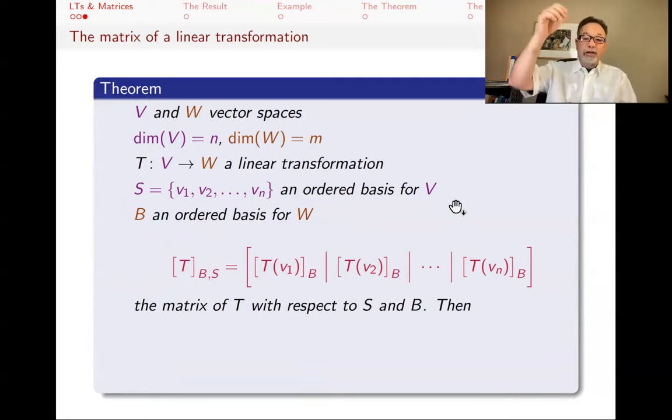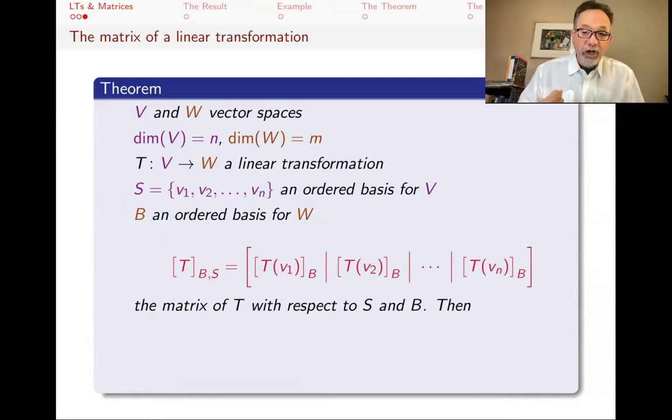And each column has m entries because each column is the coordinate vector of a vector in W. And this is the matrix of T with respect to S and B. Again, I say S and B, even though I write B comma S. And the theorem says, well, you can always do this, but so what? The theorem tells you what this does. And this was, again, the subject of a previous video where we proved it rigorously.